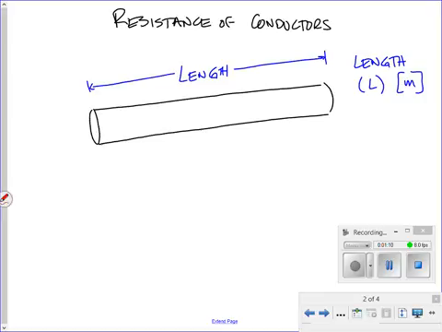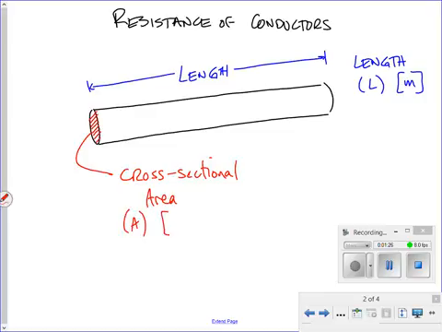Then there's this, which we call cross-sectional area, variable A, measured in square meters.